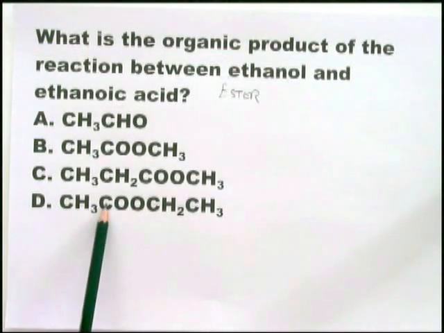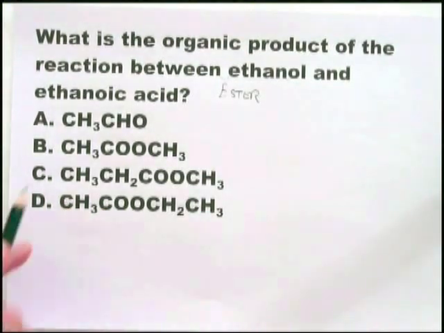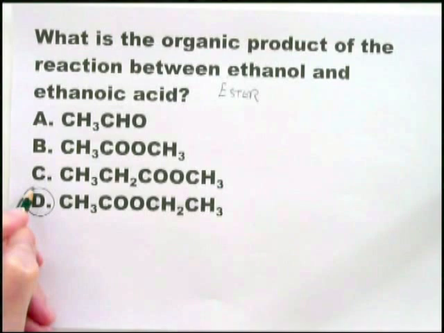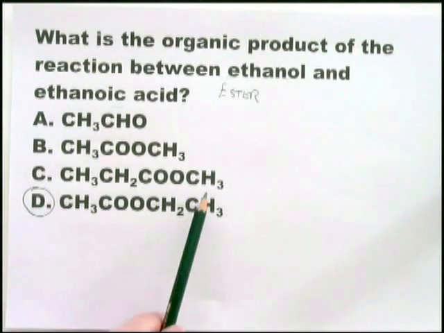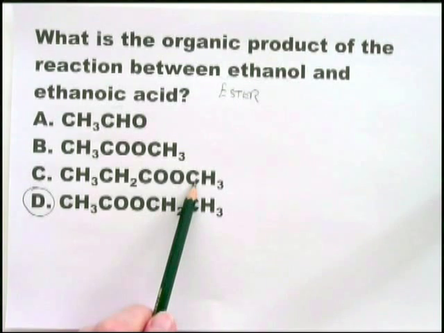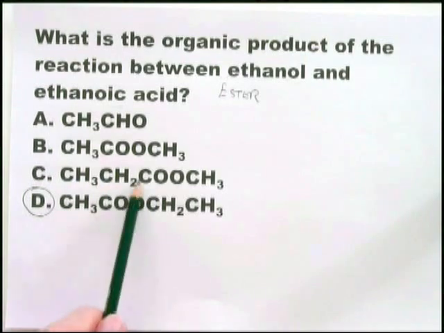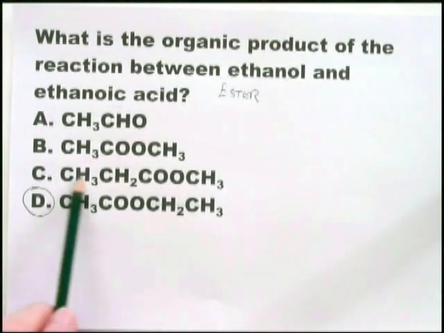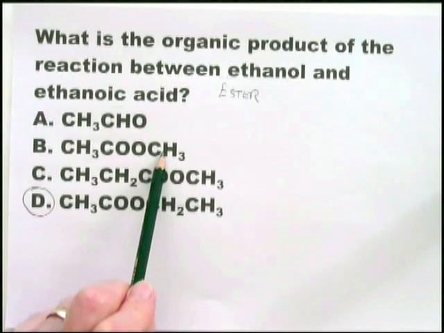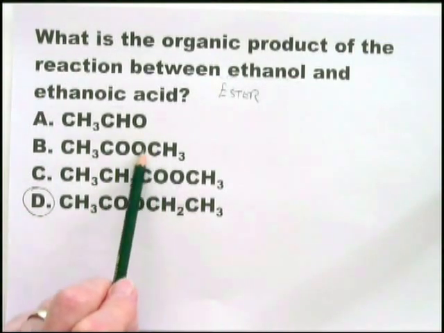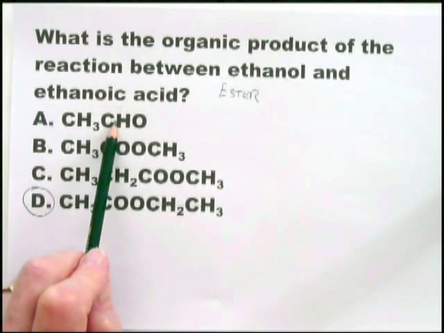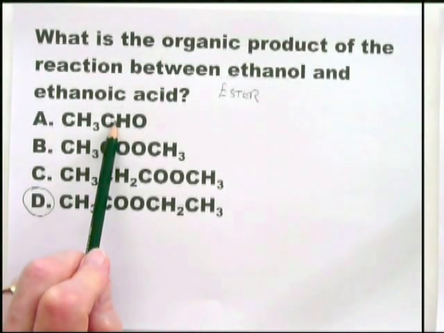Ethanol, ethanoic acid. So that is the only one that fits. Just to discuss the others, this is a methyl. Methyl, 1, 2, 3, propanoate, methyl propanoate. This is methyl again, 1, 2, methyl ethanoate. And this, of course, is an aldehyde.